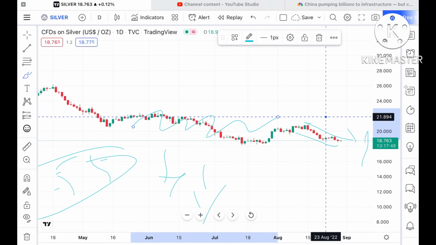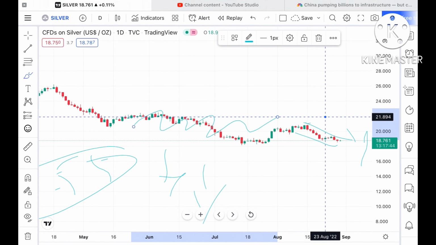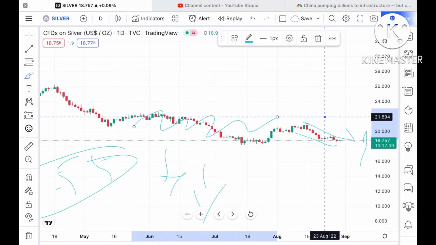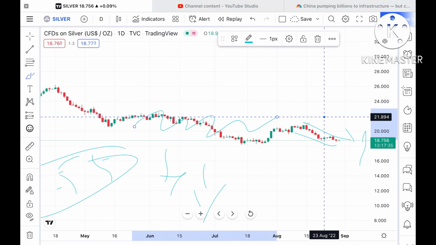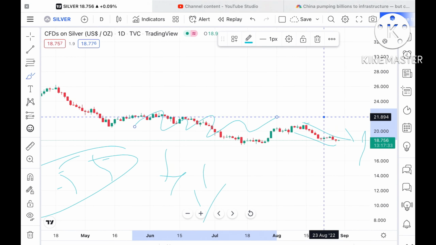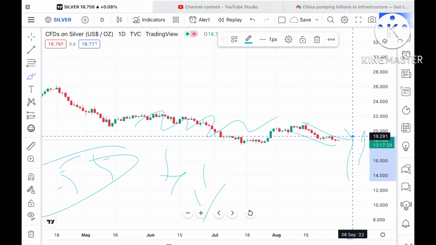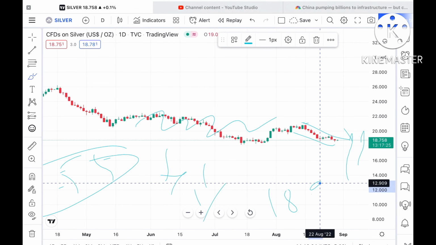So there are resistance and support levels that will make it move upside or downside, but these supports are not that strong, so the probability is high that it can move further down if the $18.55 support doesn't sustain. If the price sustains this level, it can go further upside and touch a level of $18.948.